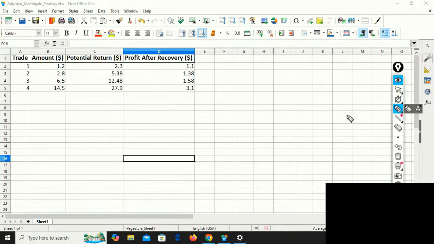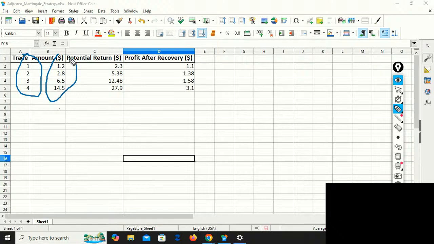You will have to set up 4 charts on Pocket Option. I'll show you how. So the cycle consists of 4 trades. Let me change that color. The cycle consists of 4 trades.